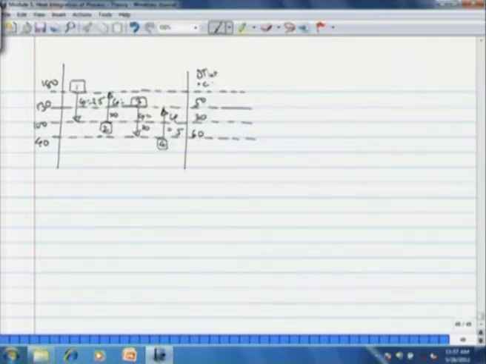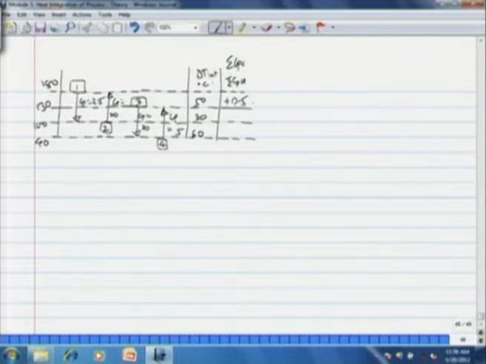Then summation CPC minus summation CPH is plus 17.5 in this case, because between 180 and 130 we have one cold stream with CP 20 and one hot stream with CP 2.5, so it becomes plus 17.5.